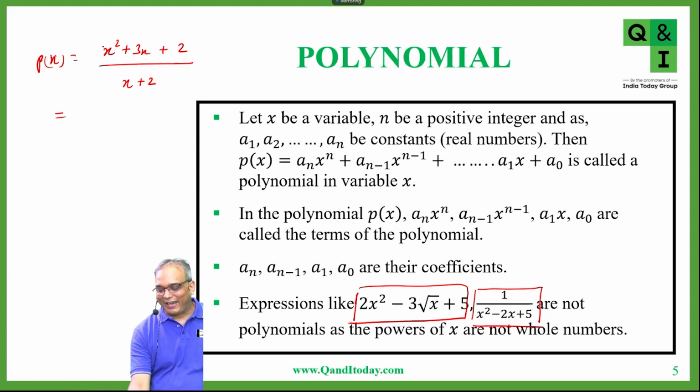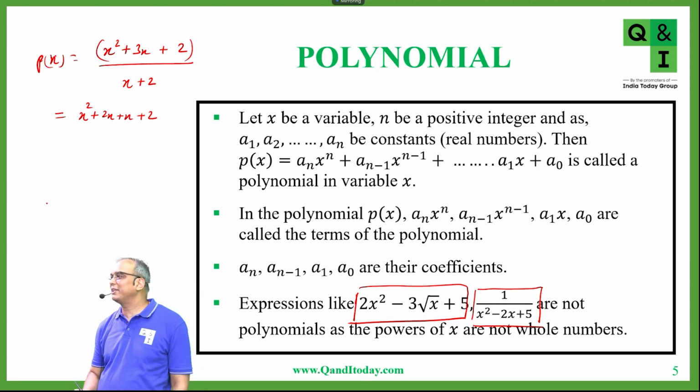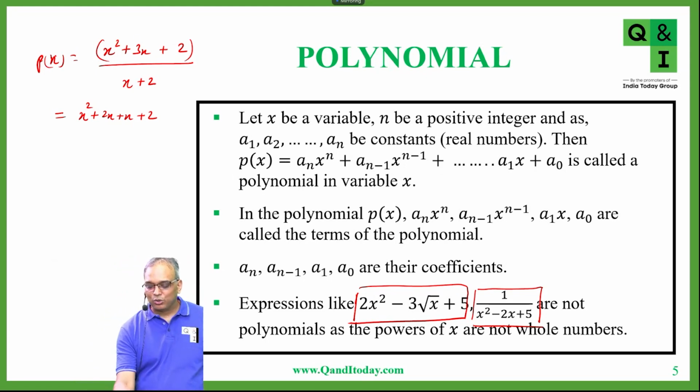We can factorize this numerator as x square plus 2x plus x plus 2, by splitting the middle term. You know how to split the middle term, right? You break 3x into two parts, that is 2x and x, so that the sum is 3x and the product is 2.